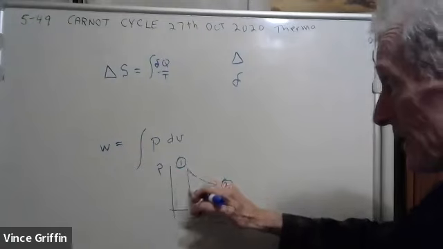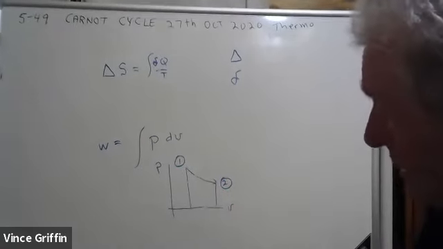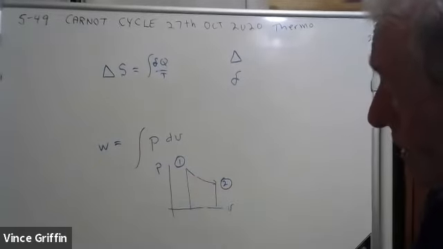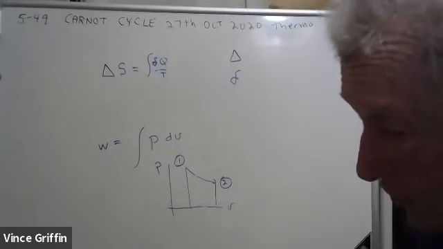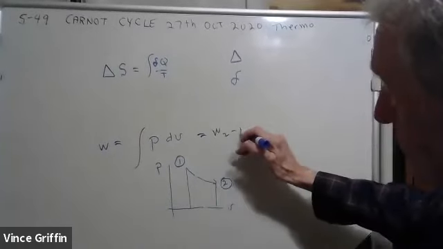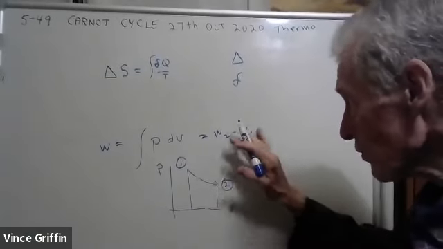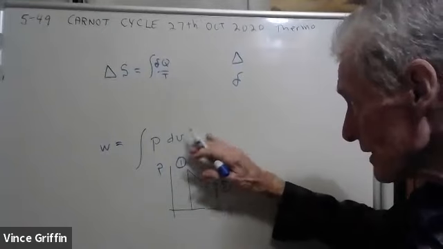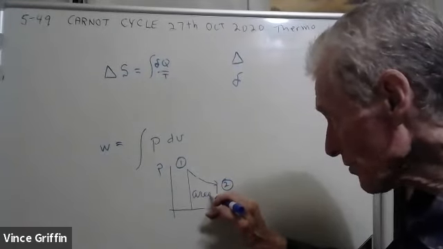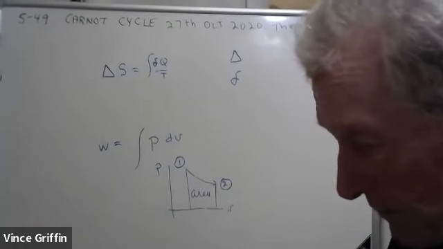You have to take the area underneath the graph. You don't have work at state 1, and you don't have work at state 2, and you don't subtract them. You don't go W2 minus W1 because there is no W2. The work that's done is the area under your graph.